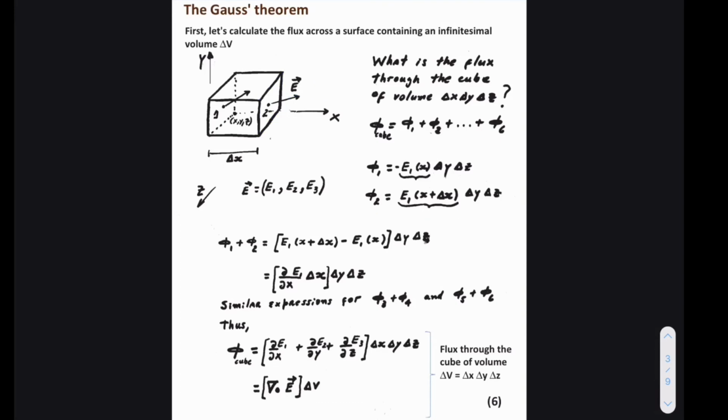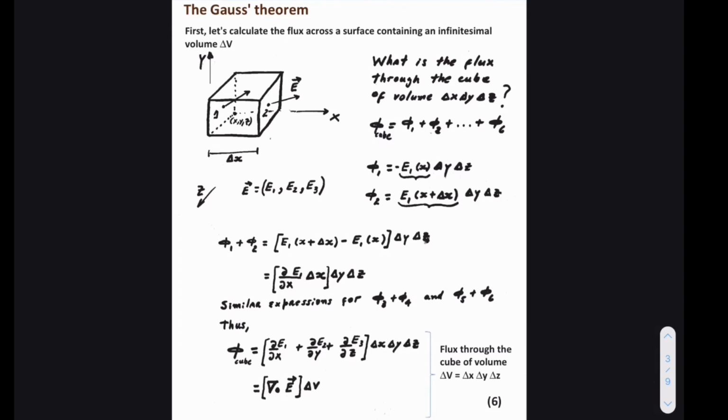So to find out phi1 plus phi2, we can simply add these two terms and take delta y and delta z common. And this is just the change of component of electric field in x direction, which we can rewrite as the partial rate of change of electric field in this direction times the spatial change, which is delta x in this case.